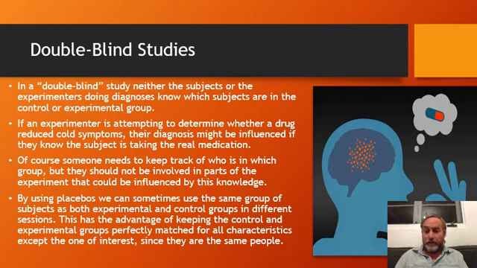You don't want their subconscious knowledge that they're getting the drug or not to affect their evaluation of the subject. Of course, somebody somewhere has to keep track of who's in which group, but those people shouldn't be interacting with the subjects, because they could subconsciously be treating them differently and tweaking the data.